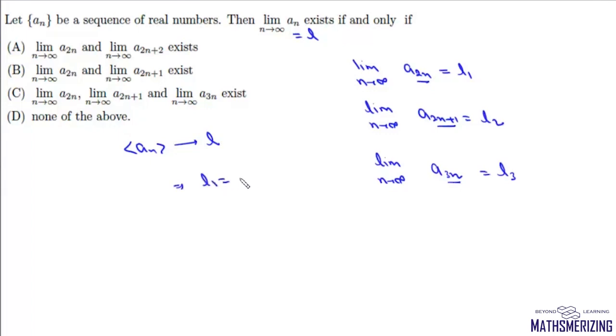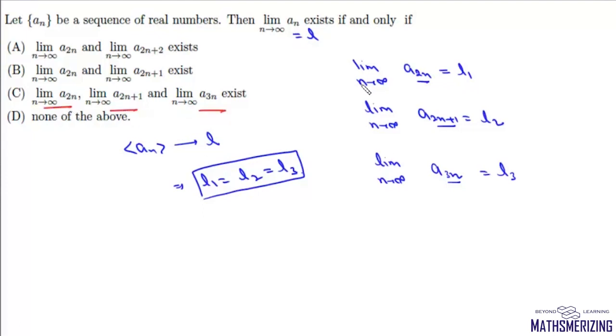From here we can say L1 must be equal to L2 and it must be equal to L3. So if the sequence is convergent, then all the subsequences will converge to the same limit L. Now we'll discuss the case when B implies A, that is, all these three limits exist.